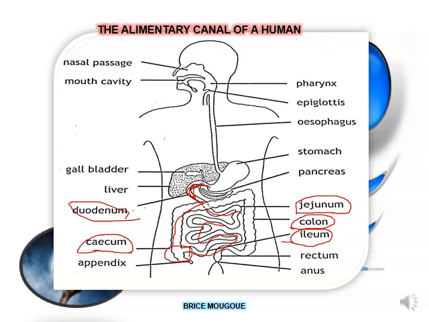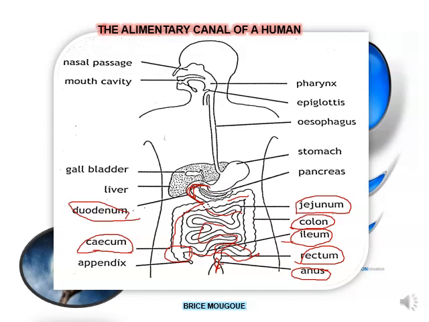And the large intestine ends with a short part here, which we call the rectum, which opens up to the exterior through what we call the anus, an opening found at the exterior at the end of the digestive tube. So this is a big part of the digestive system.